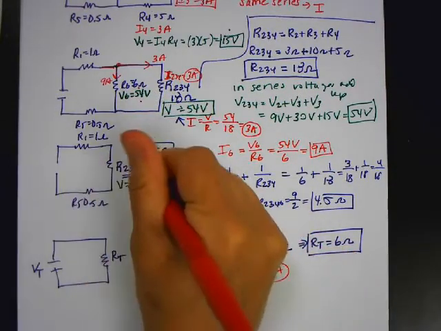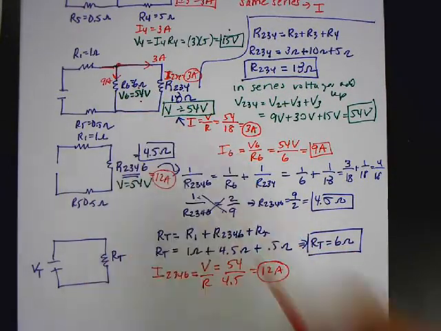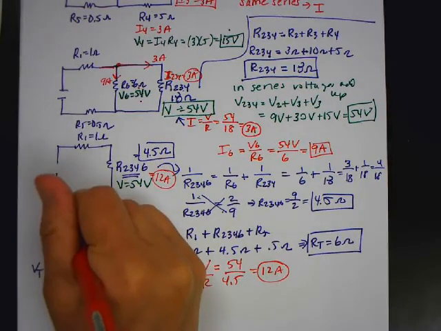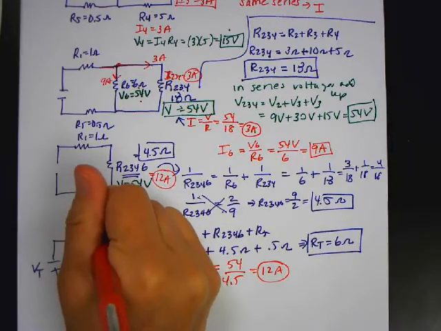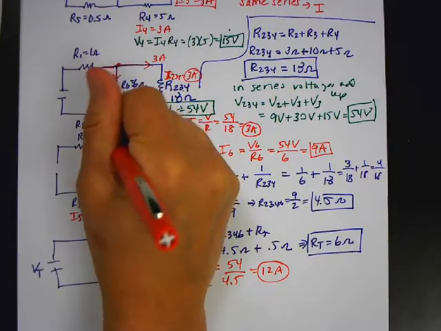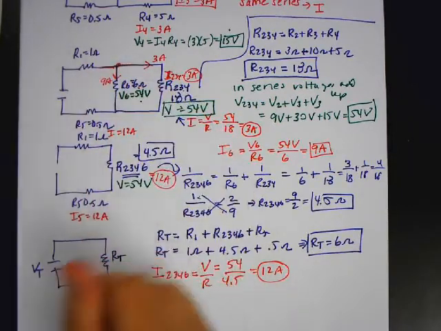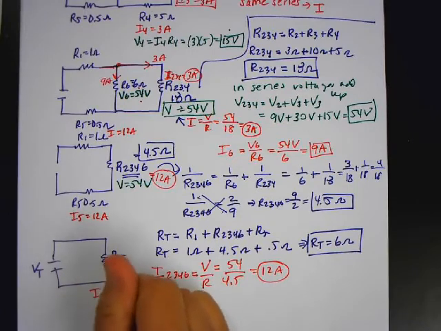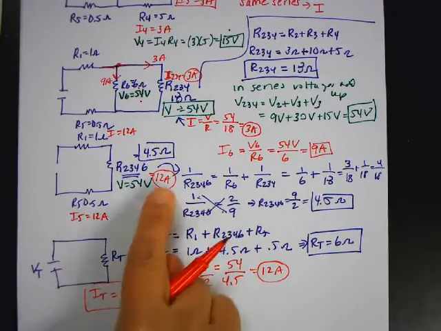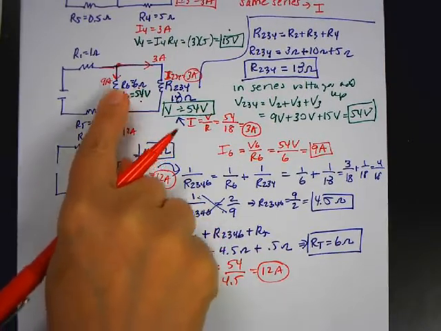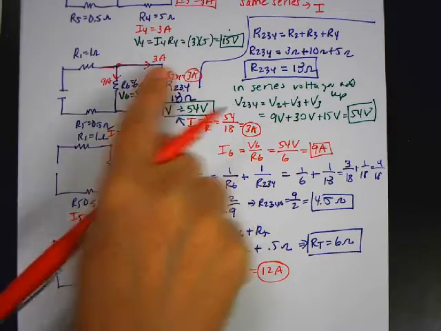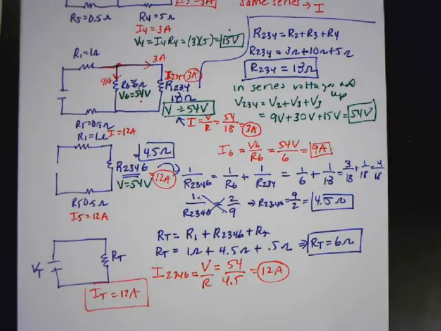So that means this is 12. But remember, in series, the current's the same. So that means this is 12, and that means that this is 12. And that also means the total is 12. But you see that I also found 12 the other way, that I said 9 plus 3 is 12. So there's different ways that you can do this to find 12, or I could check my work to see if it was 12. You see that?